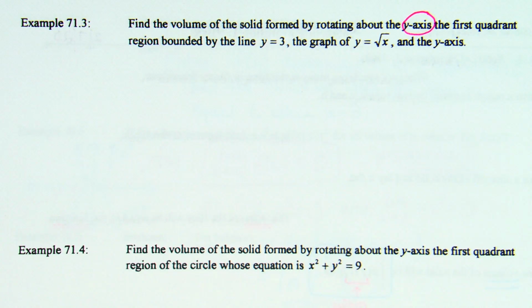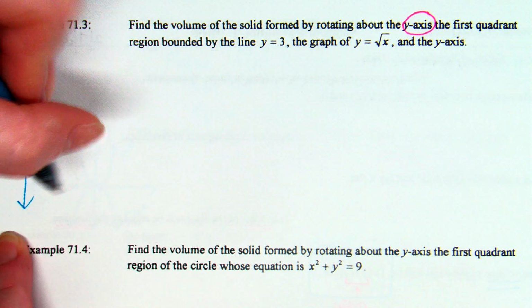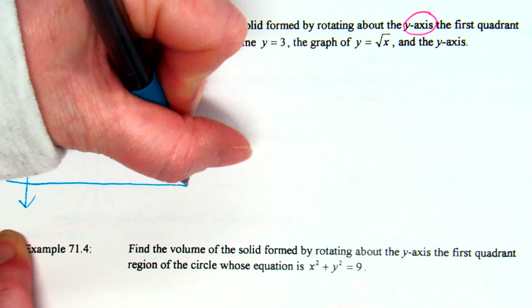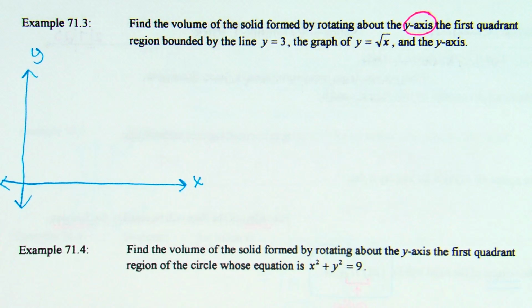Let's get a graph. Okay. Am I on the screen? I am. X-axis, y-axis. Okay, what do we need? Let's get the main one: y equals square root of x. What's y equals square root of x look like?